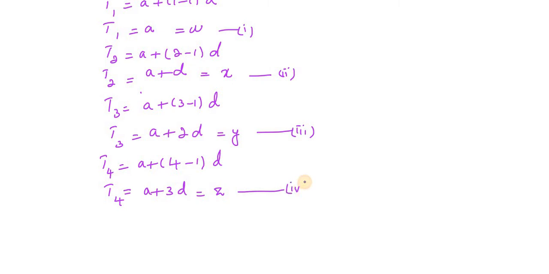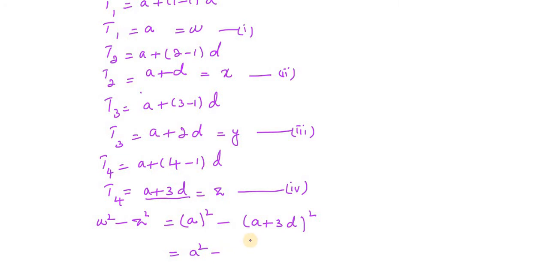So according to the question, these are our 4 consecutive terms, and we have to show that W square minus Z square. The value of W is A, so this is A square minus the square of Z, which is A plus 3D, the whole square.